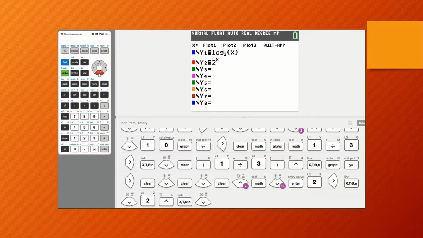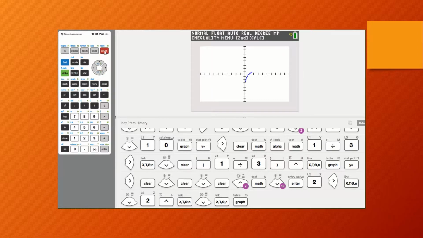It's going to appear in green, which is just y equals x. Again, this is just to give us a good picture of what's happening. So let's see what we got here. Now the blue that's just coming up, that is log base 2 of x. The red is 2 raised to the power of x, exponential function. And then the green is just a linear function. It's just giving us a picture of where this thing shifts over.